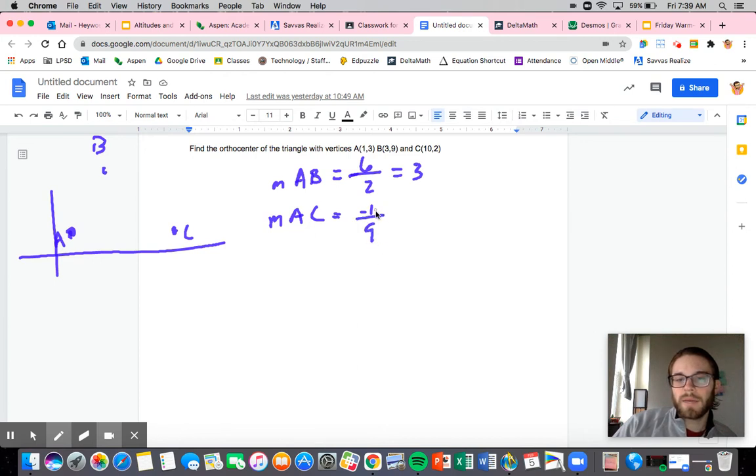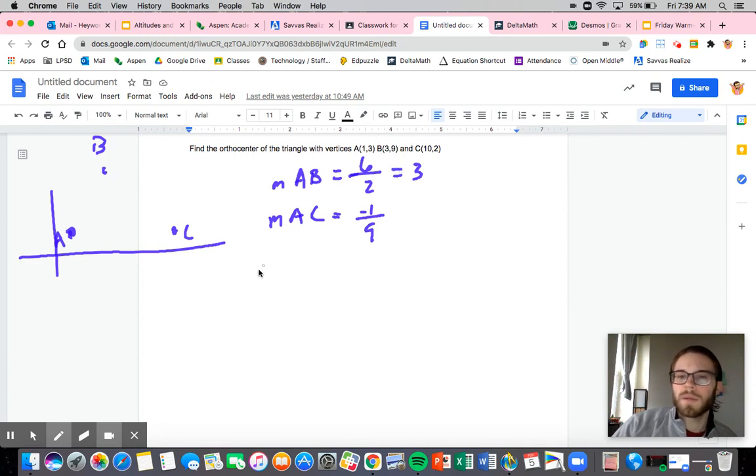So that is negative 1/9, and that might not be a bad one, because when we find the perpendicular line we use the opposite reciprocal. That would just be 9, which is not terrible. And neither would negative 1/3.